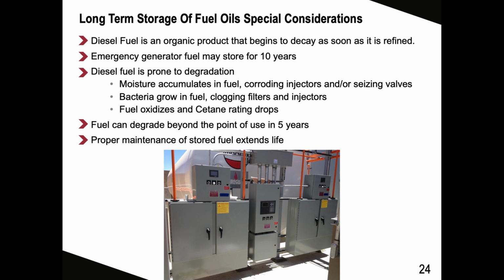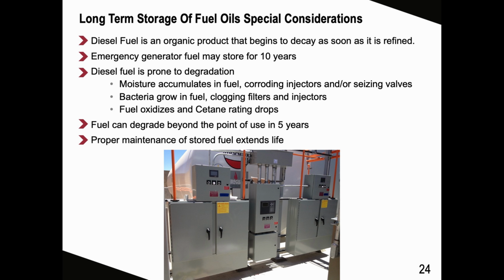The fuel also oxidizes, and the cetane rating drops in the fuel, so not good stuff at all. The fuel can degrade beyond the point of use in just 5 years. Proper maintenance of stored fuel definitely extends the life of the fuel and keeps you ready to go at a moment's notice when that emergency generator or boiler loop needs to kick on.